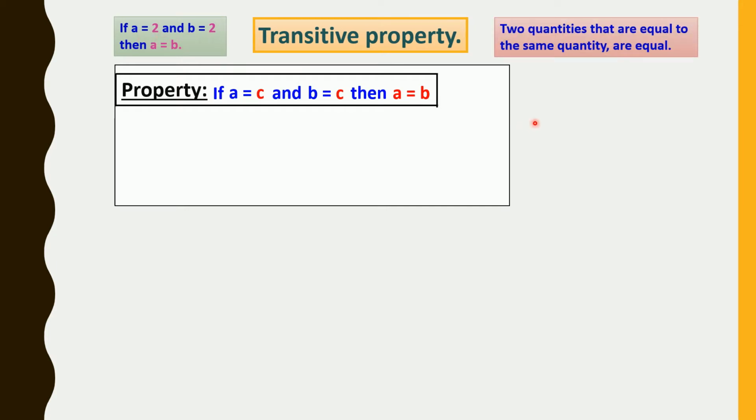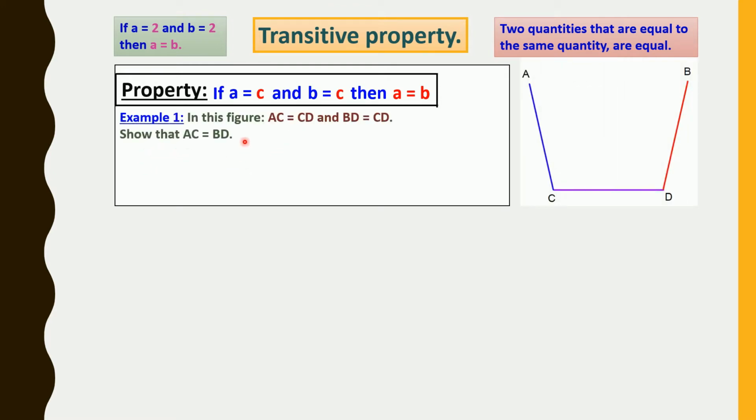In another meaning, two quantities that are equal to the same quantity are equal. Here when I say two quantities, it can be anything, like the length of two segments, like the measure of two angles. If these two quantities are equal, like here, quantity A and quantity B are both equal to the same quantity C, that's why they are equal.